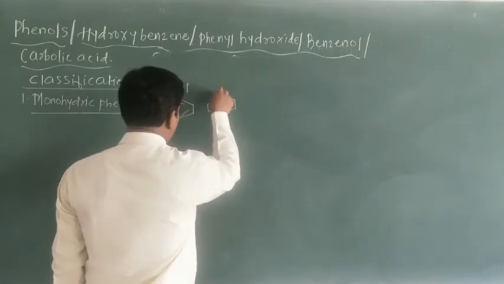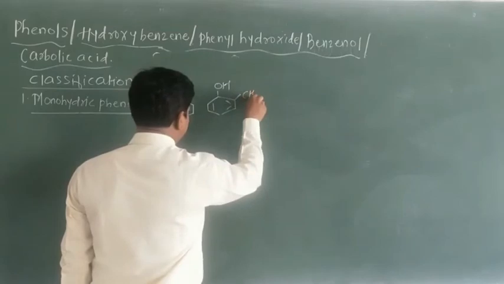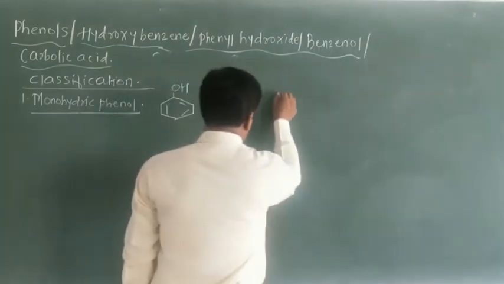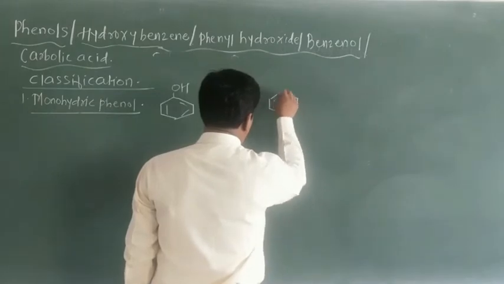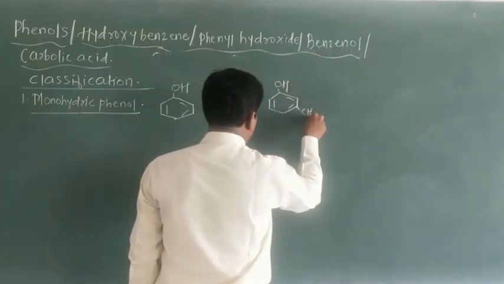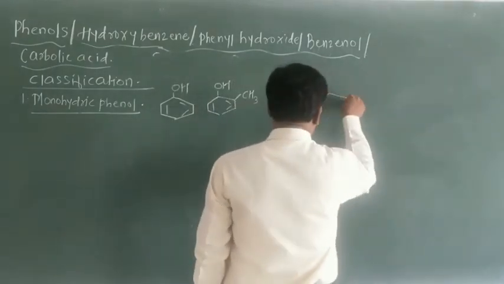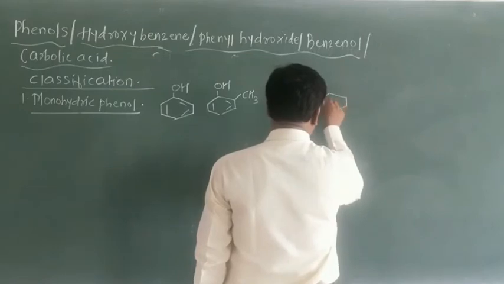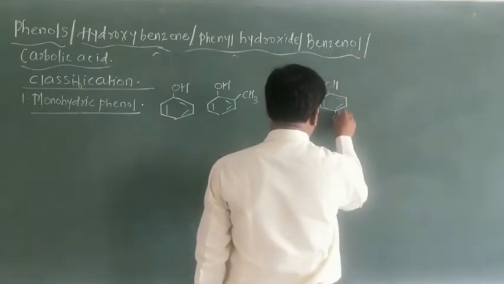In that, one is the OH here and CH3 here. Then the next one is the aromatic ring, and on this, again the OH and CH3 groups are present. Then the next example is like this, benzene ring, OH and the CH3 group.